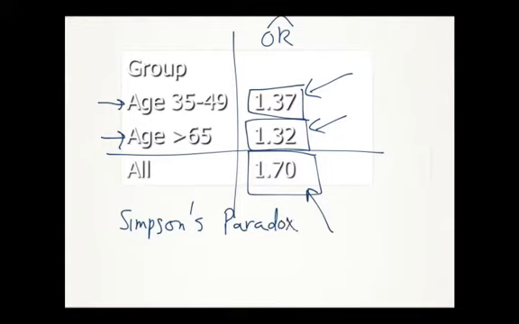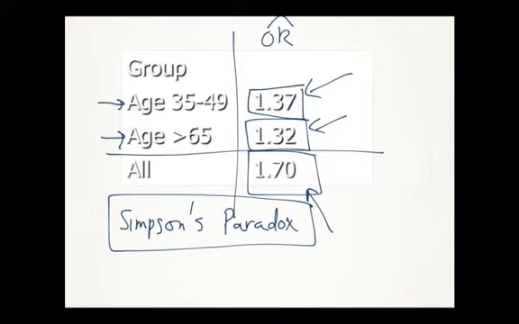You can tell them, I have a case where the odds ratio is higher in the entire population than it is in either group. If you Google Simpson's Paradox, there's a nice Wikipedia page about it, so you can read more about it. We don't have time here to get into it.